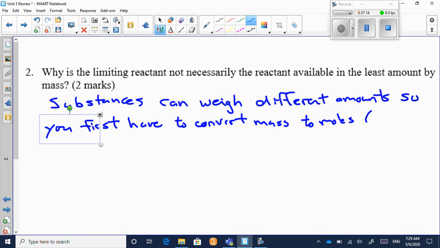To compare the count. So we've got it. We can only compare counts to compare counts. So that's the first thing.